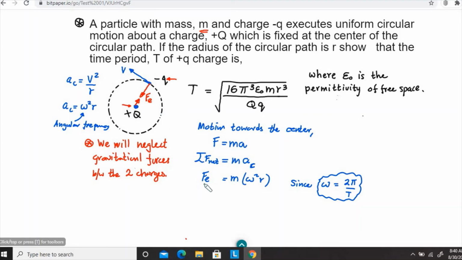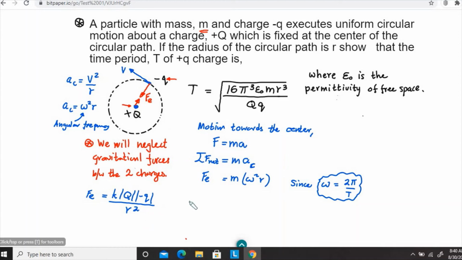Now I'm going to explicitly write down Fe using Coulomb's law, and instead of omega, I'm going to put 2 pi over T. So Fe, the magnitude of this force, is equal to K times the magnitude of this uppercase Q times the magnitude of the minus lowercase q charge over the separation between the two charges, which is r, but we have to square that, r squared.